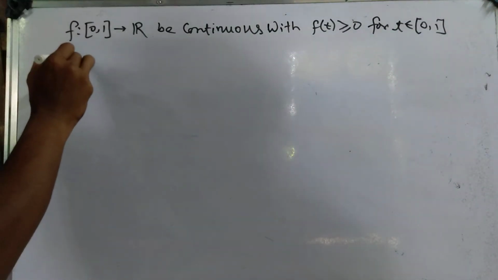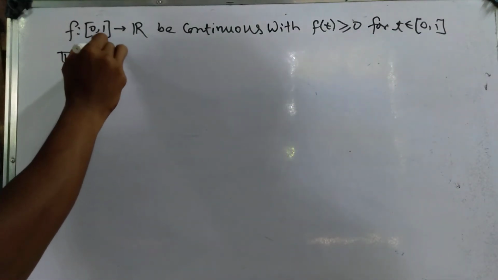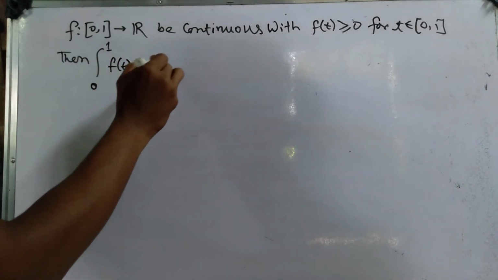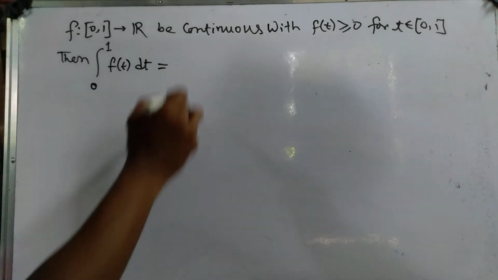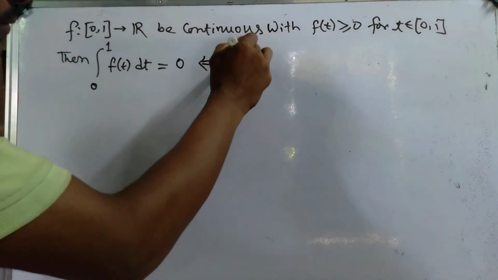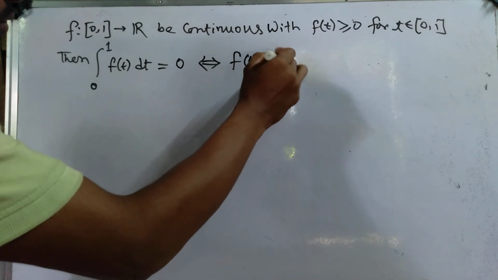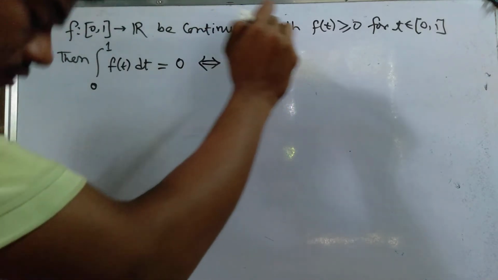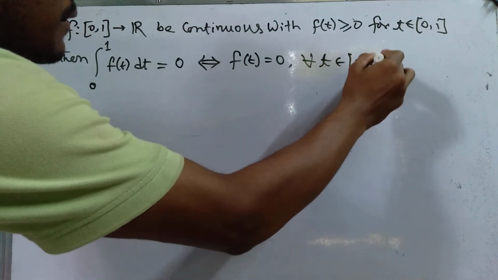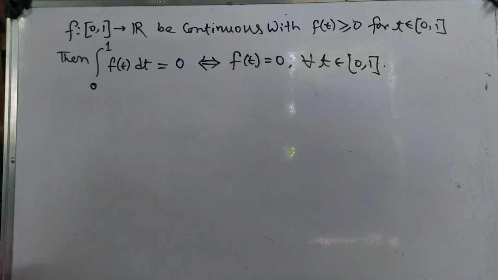Then the integral of f from 0 to 1 equals 0 if and only if f(t) equals 0 for all t in 0 1.